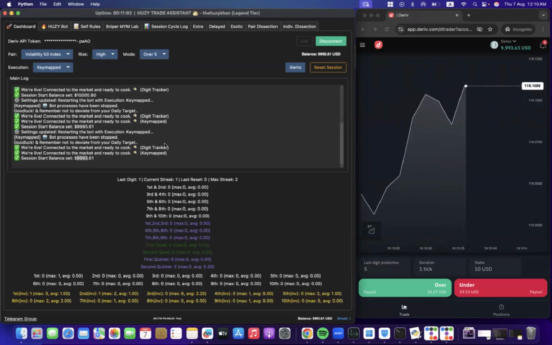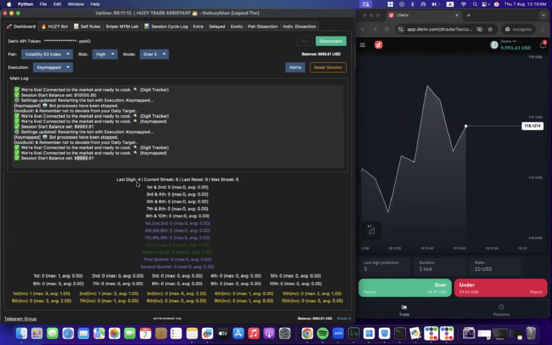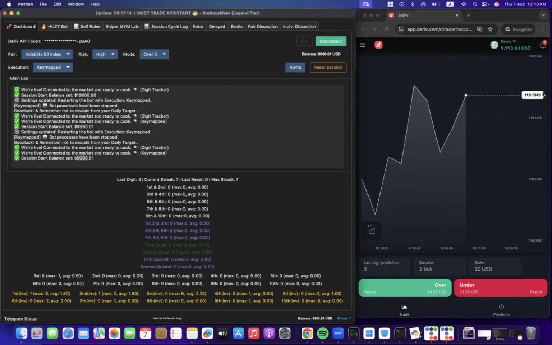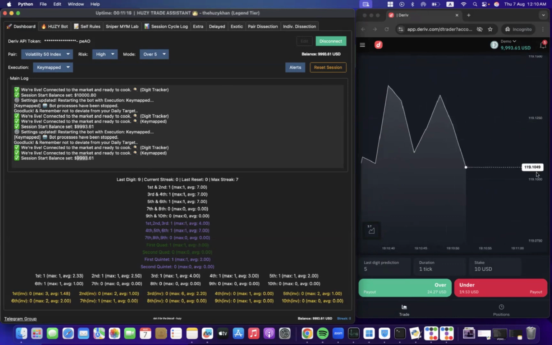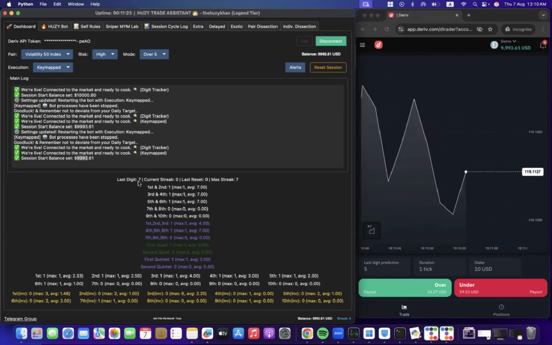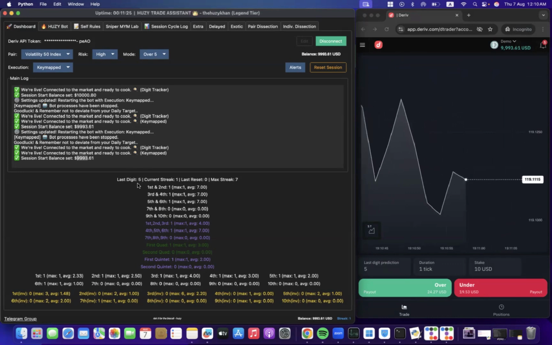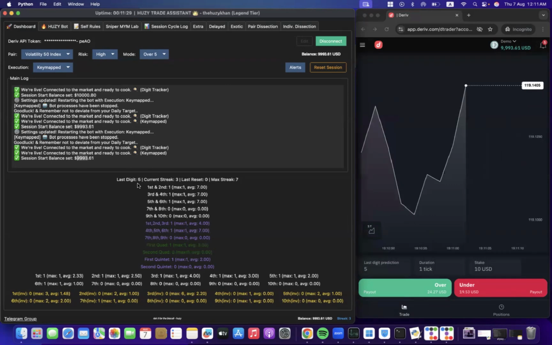Now, to understand how this tool works, first of all, just look at this particular value, last digit. So the last digit, which you see over here on the chart, this one, it's 7, now it's 9, now it's 6. You can see the last digit on our trade assistant tool is representing the same value because that's the value which we are concerned with.